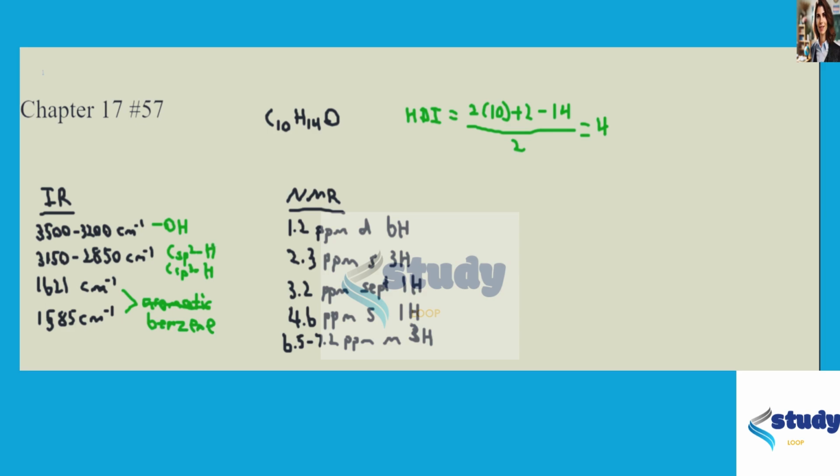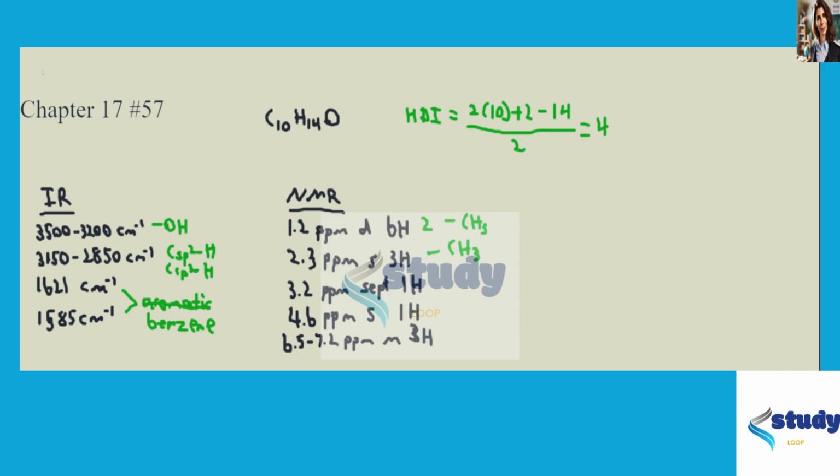And so next, if we look at the proton NMR, the 1.2 ppm doublet with an integration of 6 is probably going to be 2 methyl groups. The next signal at 2.3 ppm, a singlet with an integration of 3, is going to be 1 methyl group that's different than the first two.